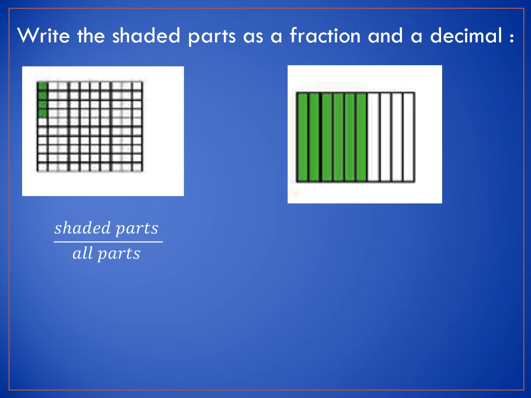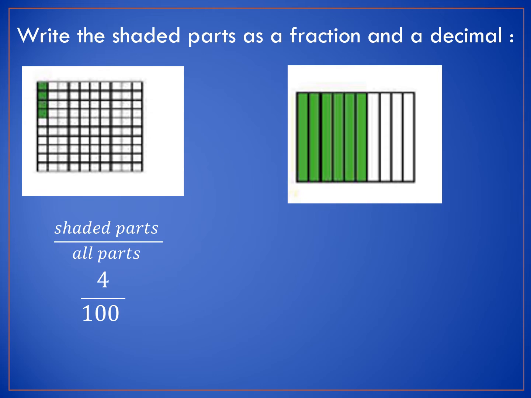So for that shape, how many shaded small squares are here? Only 4 small squares are shaded here. 1, 2, 3, 4. So it will be 4 shaded parts out of how many parts in total? Of course, there are 100 parts in total. So the fraction that represents the shaded parts here is 4 over 100, guys.